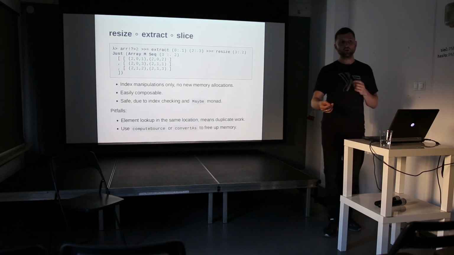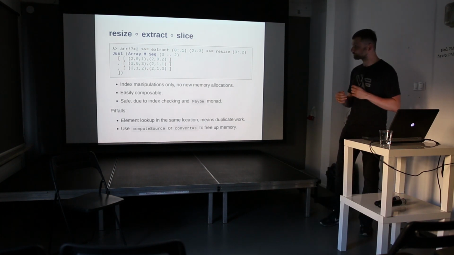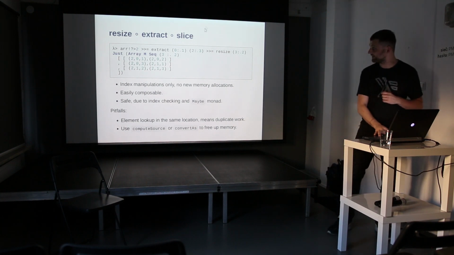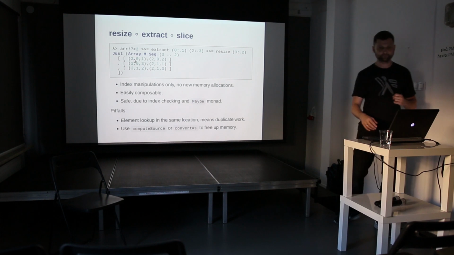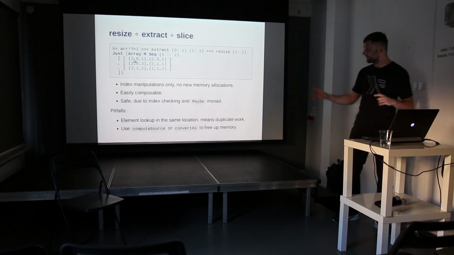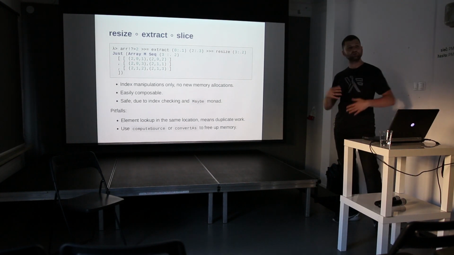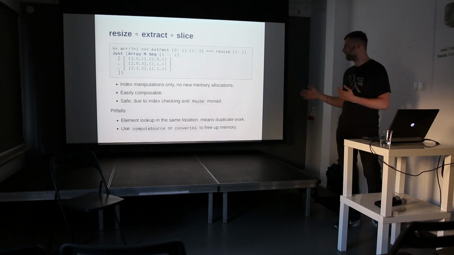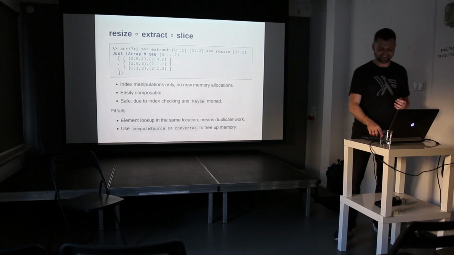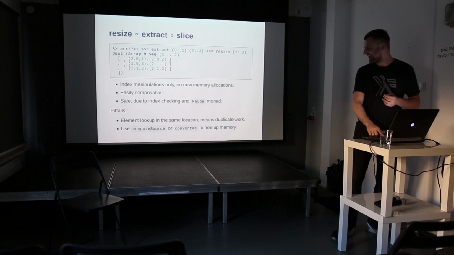So if you're planning on reusing this array many times, it will be a good idea to go ahead and call compute on it. And the type classes, the way they are structured, will prevent you from doing anything wrong or stupid. So if it compiles, it should work, and it should work fast. At least in theory.